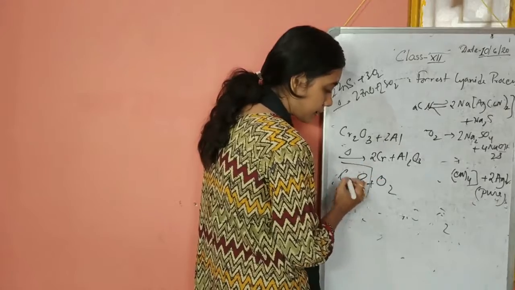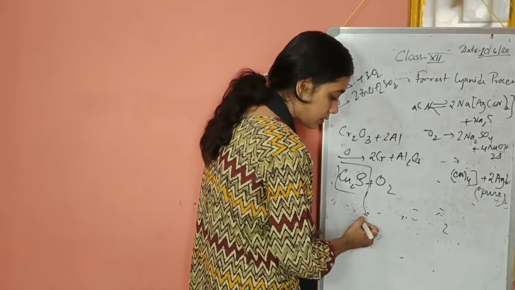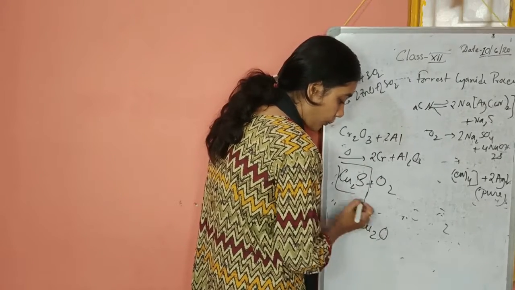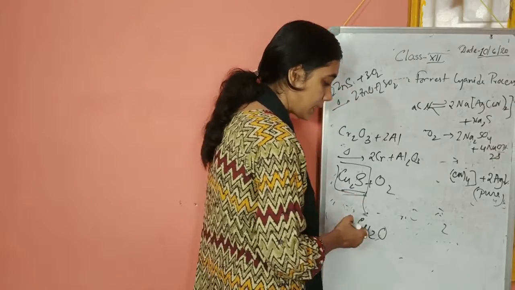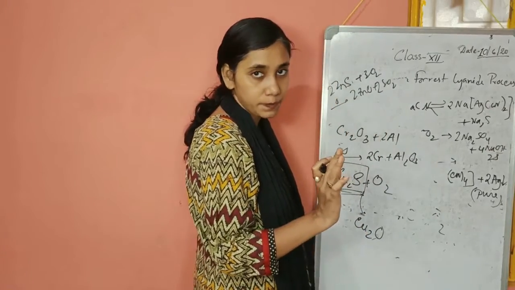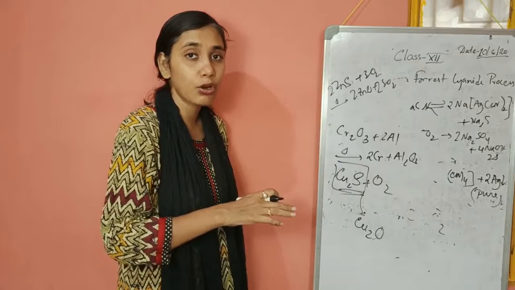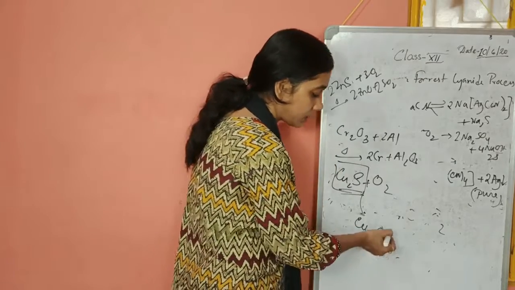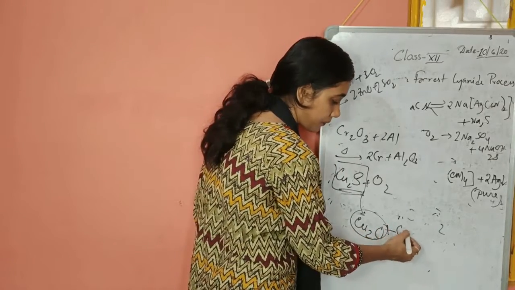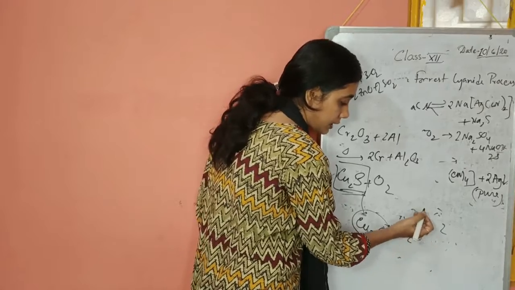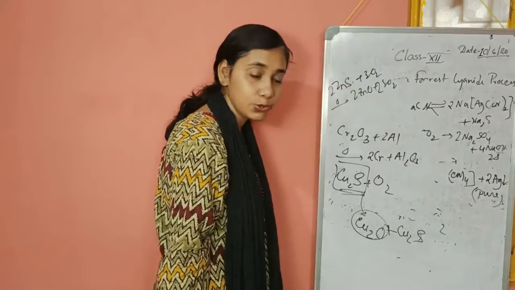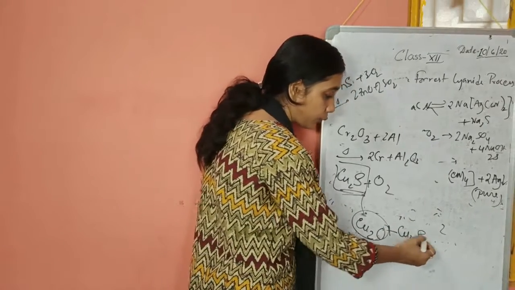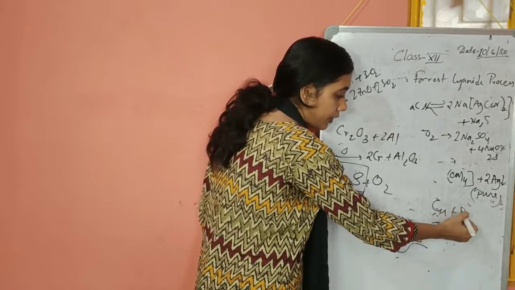Some part of this copper glance gets converted to form Cu2O, but some part remains as it is. Now that unreacted part, which has not formed the oxide, will react with this cuprous oxide, that is Cu2O plus Cu2S. These two again will react to form copper and sulfur dioxide.